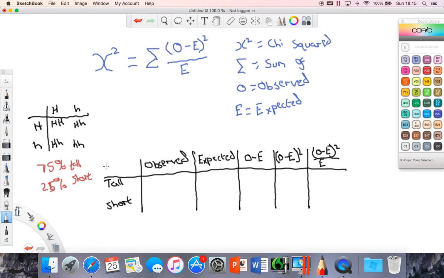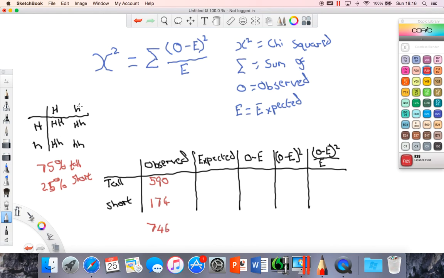So I want you to imagine that we've got an observed amount of plants, tall and short plants. 590 were tall, whereas 174 were short. Now, if we add those together, quickly grab my calculator because my maths is not absolutely fantastic, 590 plus 174 equals 746. So that's a total of 746.